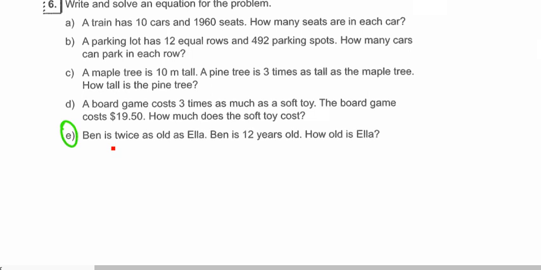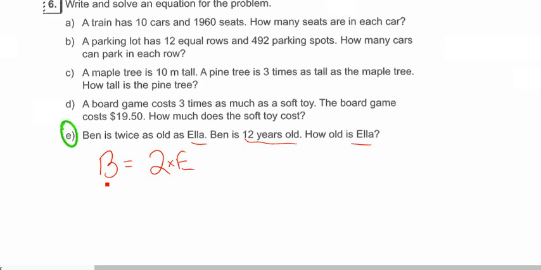So it says Ben is twice as old as Ella, and Ben is 12 years old. How old is Ella? So we know that Ben equals 2 times Ella, as far as age is concerned, because he's twice as old as Ella.